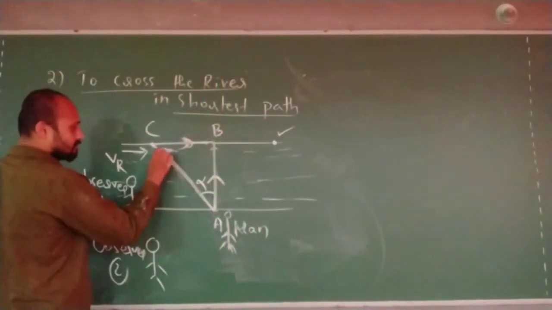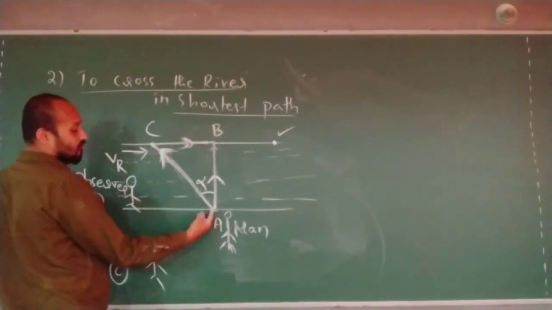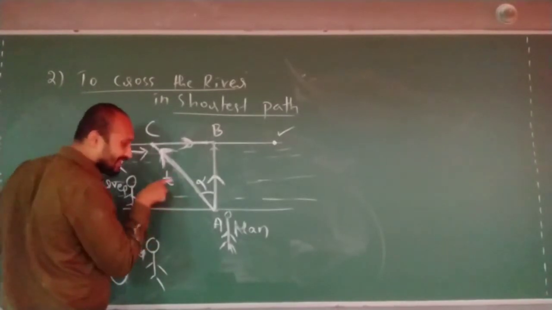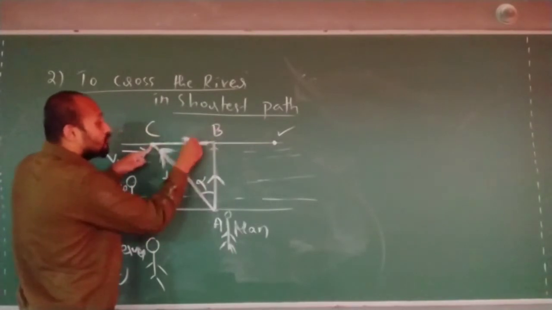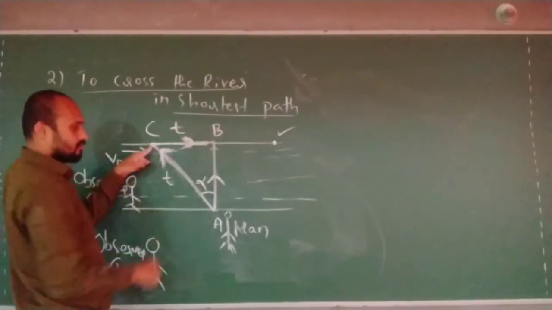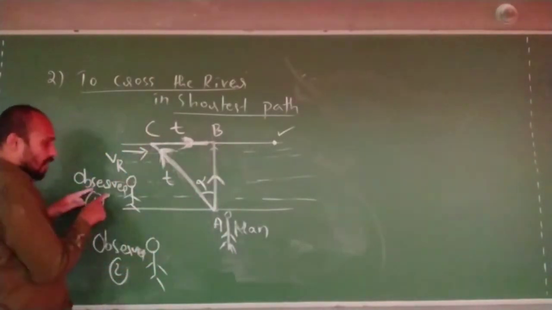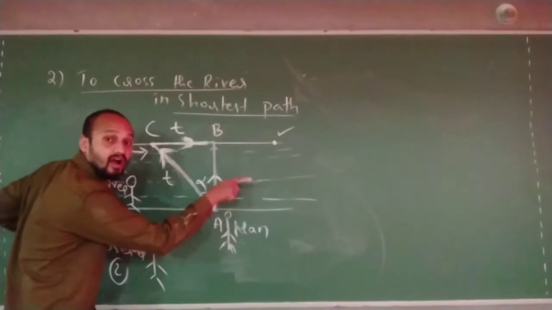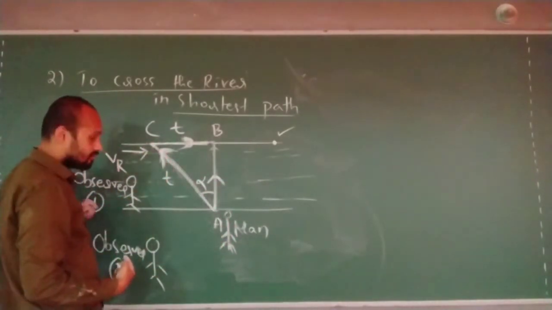That is one point. Till now what I said, you got this, I believe. Now see here. Second point: the distance traveled from point A to C with respect to the river, if it takes time t, in the same time the river will push him from point C to B. If he is swimming like this with respect to the river, for observer 1 who is in the river moving with the velocity of the river, AC will look like this.